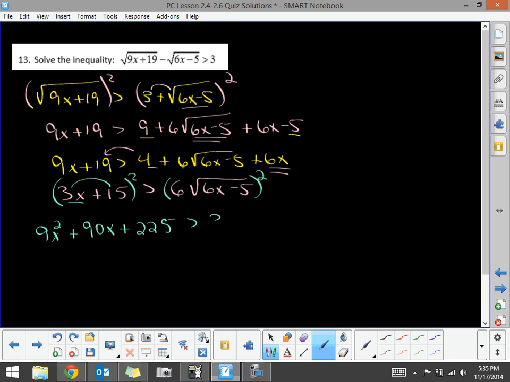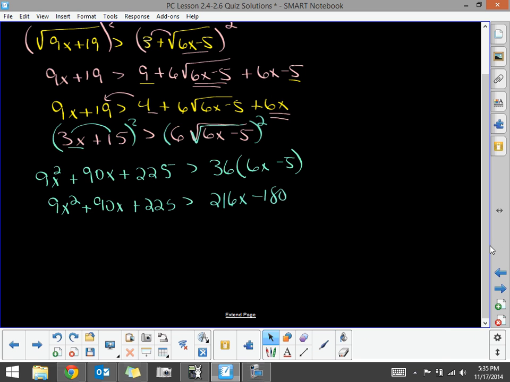Now we square our 6, which is 36, and we square our square root, which undoes that radical, so it's 6x minus 5. So we'll have 9x squared plus 90x plus 225 has to be greater than 36 times 6, which is 216x, and 36 times a negative 5 is a negative 180. And now at least we've cleared out all of our radicals.